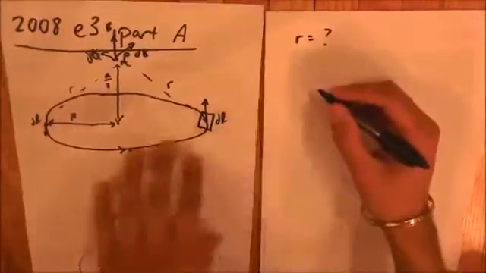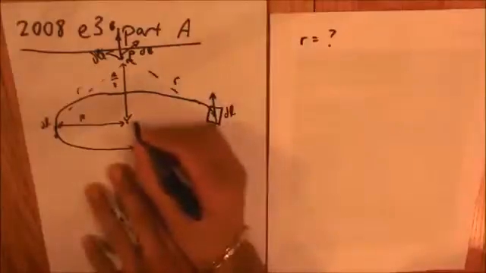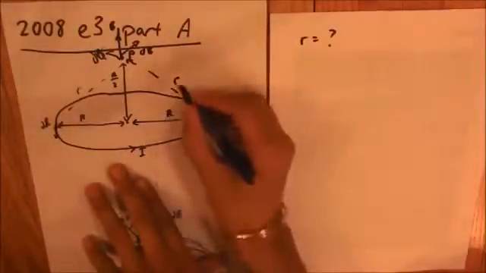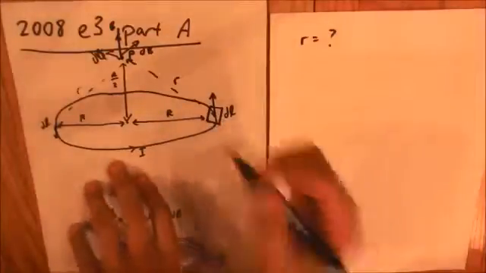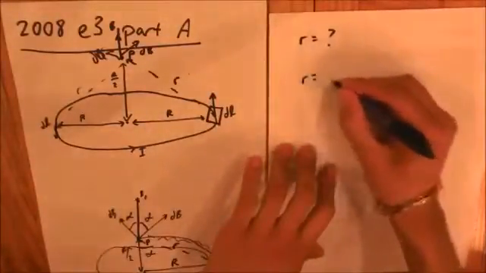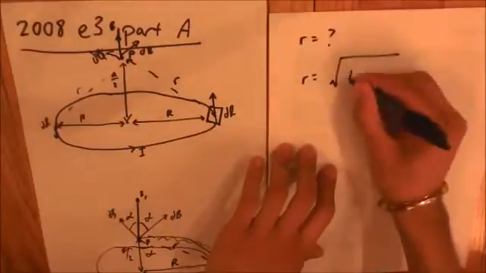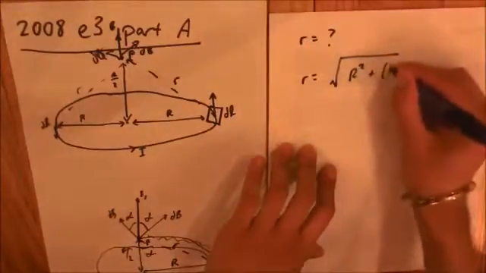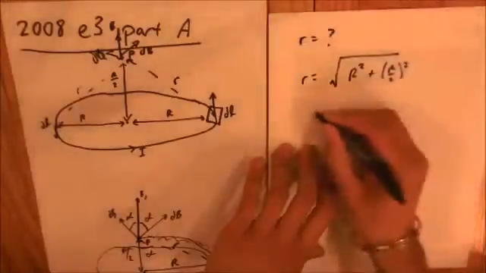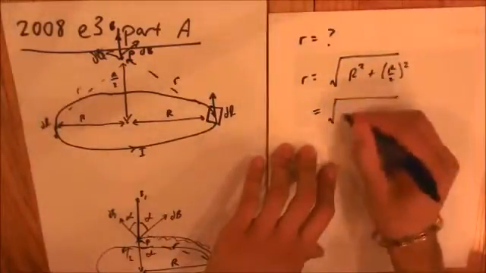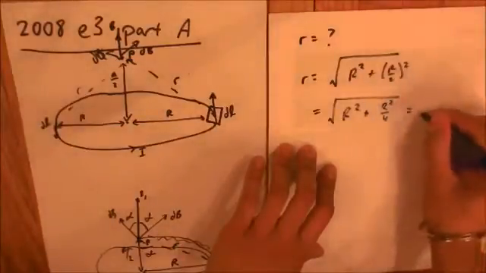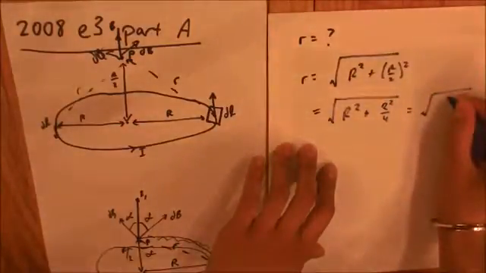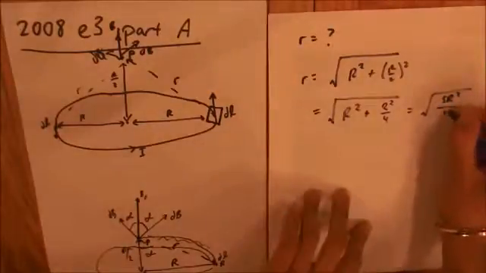Given this, we can use the Pythagorean theorem to find out what this little r is going to be. We know that this is R, which means this also has to be R, the radius, right? So r is going to be equal to the square root of R squared plus R over 2 squared, which is R squared plus R squared over 4, which equals the square root of 5R squared over 4.